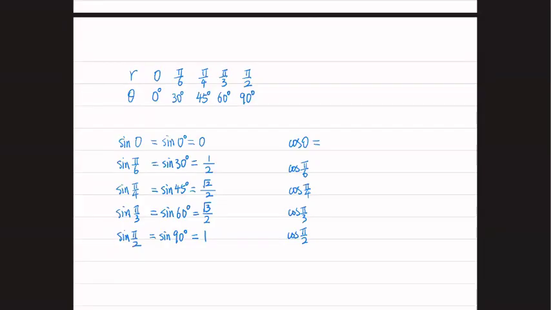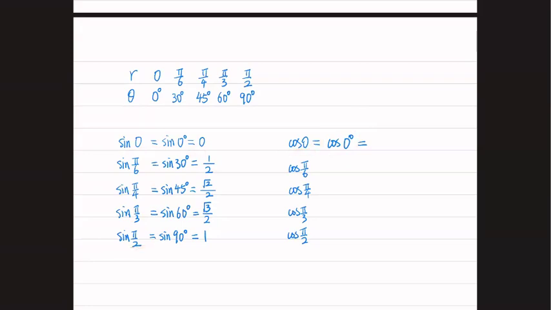Okay, Jessica, we're back to cosine 0. Cosine 0 degrees, which is 0? No, sine 0 is 0. What about cosine 0? I don't know. I forgot. There's a relationship between sine and cosine.